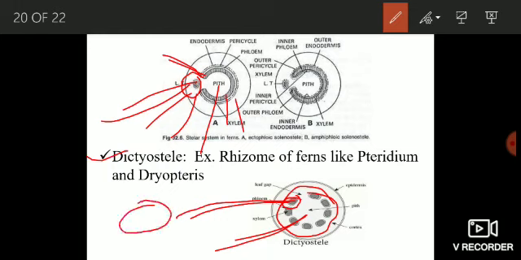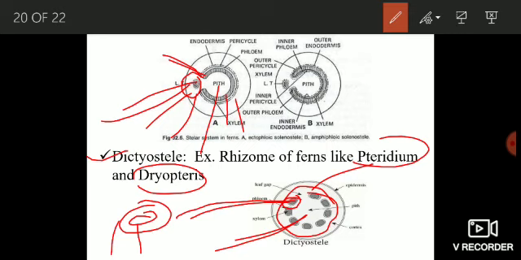For example, this is one strand. This is the inner xylem, and this is outer phloem. Each of these strands, composed of both xylem and phloem, is known as a meristele. Examples are Dryopteris and Pteridium.